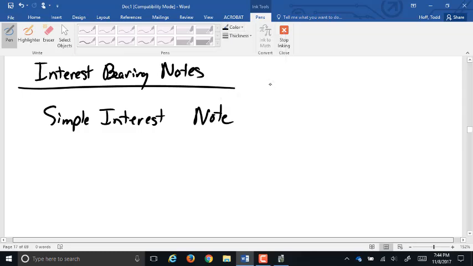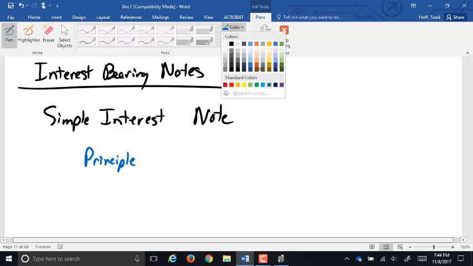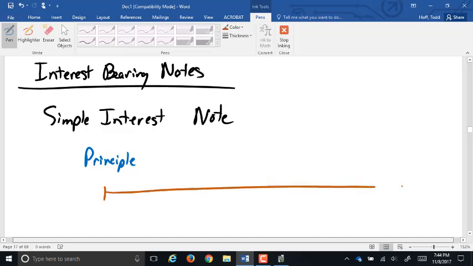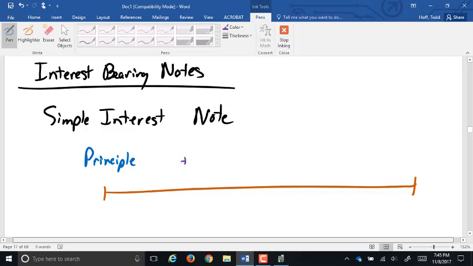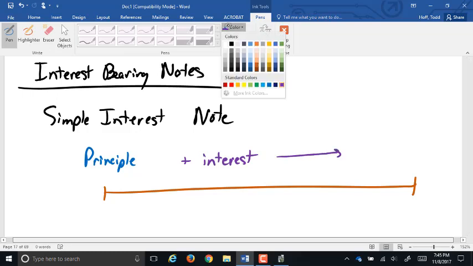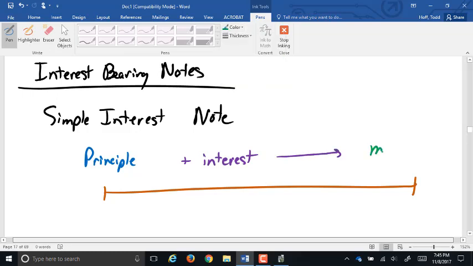In a simple interest note, you start out with principal. Somewhere along the line, you add in interest, and that gets you to maturity value.